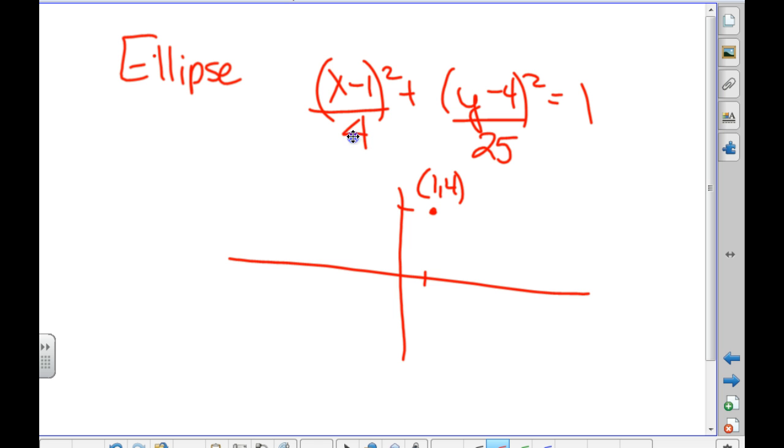It's the square root of that. And in the y direction it goes the square root of this number under here, which is 5. And then it's just an oval. Now, they could ask you major axis, minor axis. The major axis is how long this is, which is 10, because it was 5 up and 5 down. The minor axis is 4, because it was 2 this way and 2 this way.